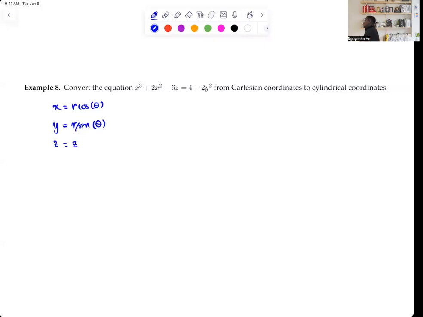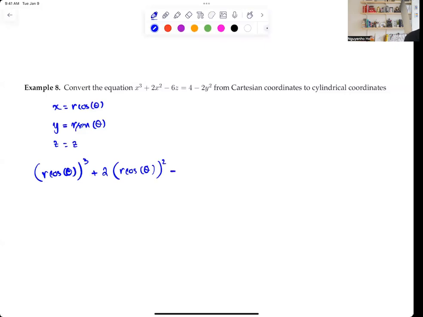You substitute all of this into the equation, and you get r times cosine of theta, all cubed, plus 2 times r times cosine of theta, all squared, minus 6z equal to 4 minus 2 times r times sine of theta, squared.